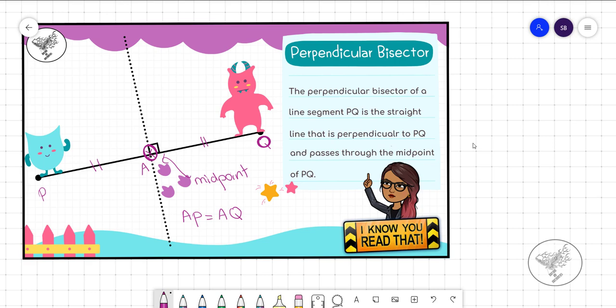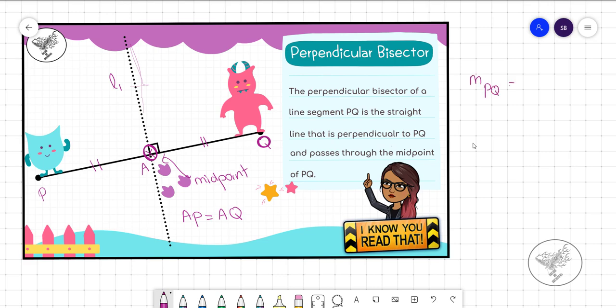So a perpendicular bisector does two things to the line PQ. It is perpendicular to the line PQ, number one, and also it cuts the line PQ into two equal parts. Now, let me name this as L1.